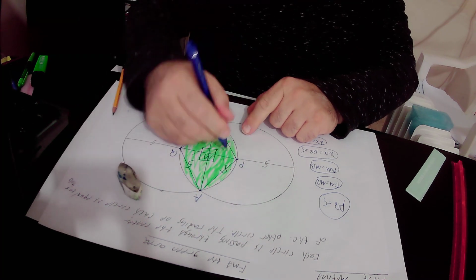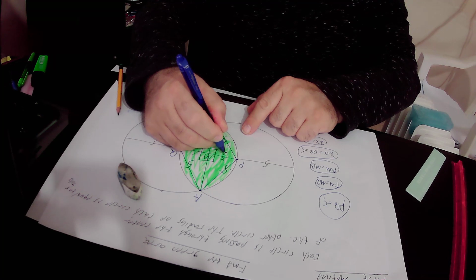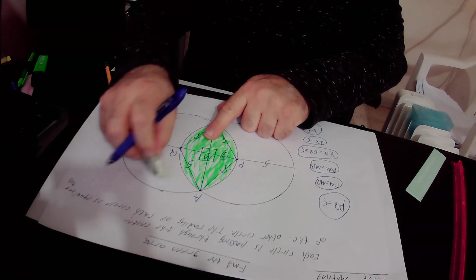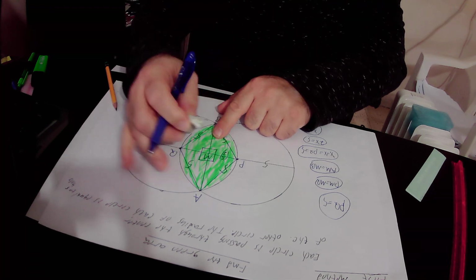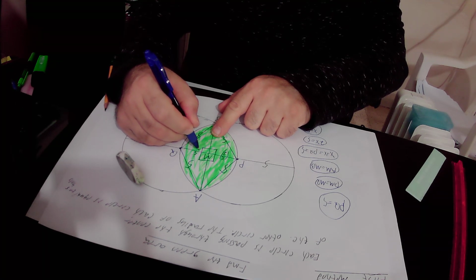That is to say PM will be equal to 5 over 2 units. And MQ, that equals X, will also be equal to 5 over 2.